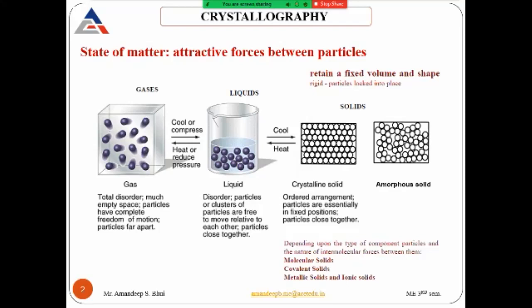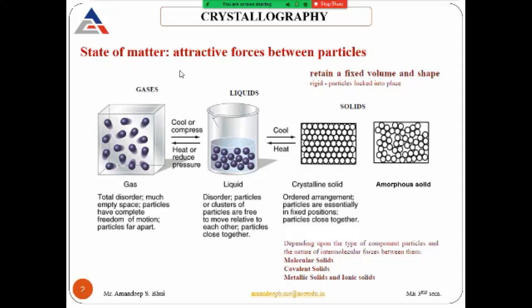Okay. And such solids are the molecular solids. They are the metallic solids and ionic solids. They combine to form amorphous solids. Okay. So this is the difference between the various phases.